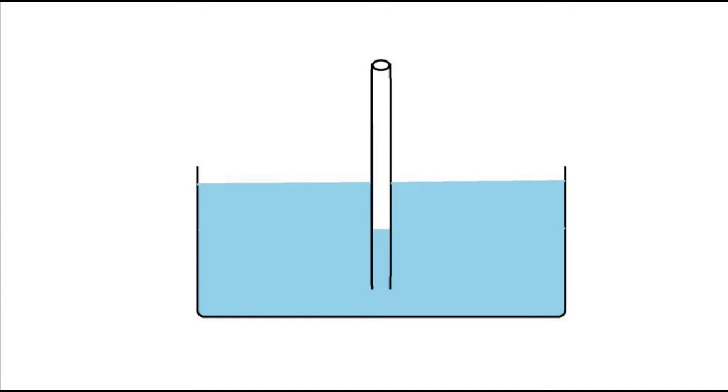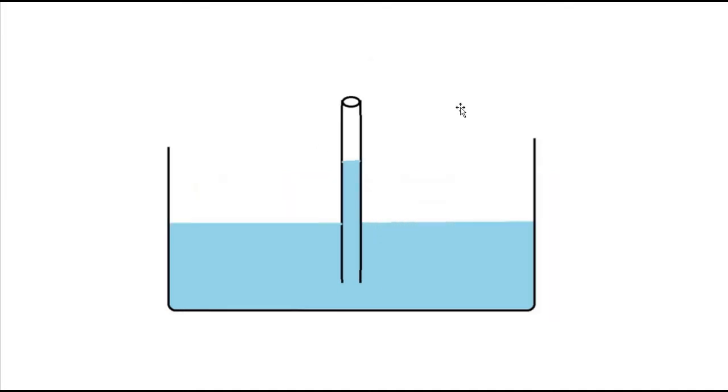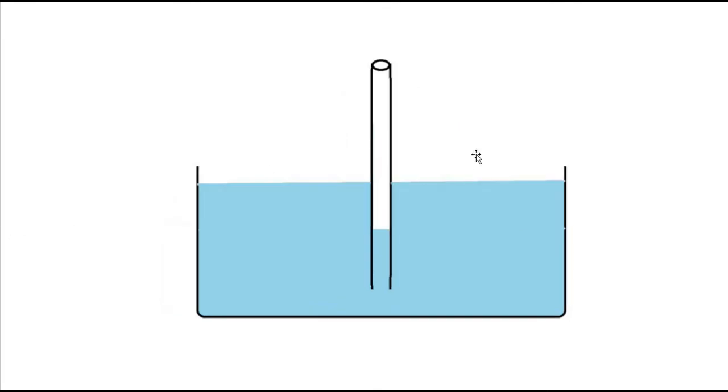Okay, two cases. This is where there is a rise of liquid above the normal level, which is this normal level, and here there is a fall of liquid from the normal level. This is the normal level, and there is a fall of liquid in the tube.